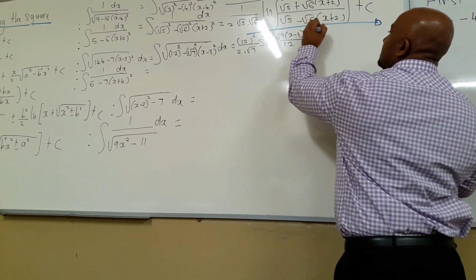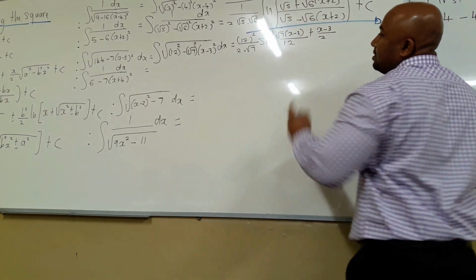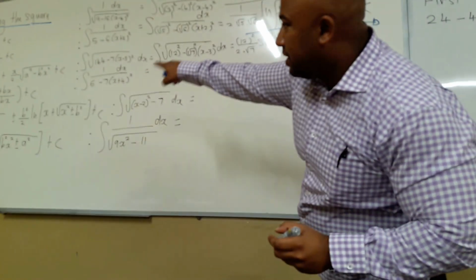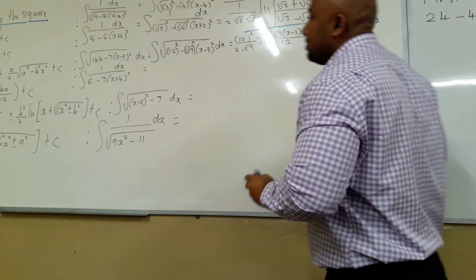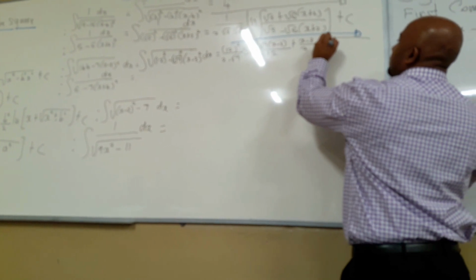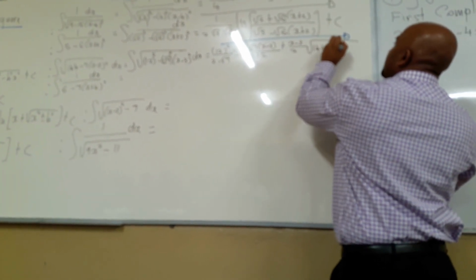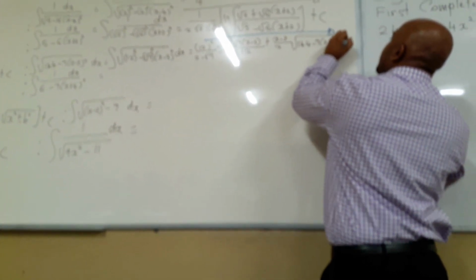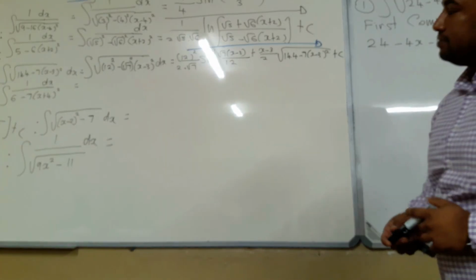So that's plus x minus 3 over 2 times the square root of whatever you had here. So that's times 144 minus 7 into x minus 3 all squared plus c.